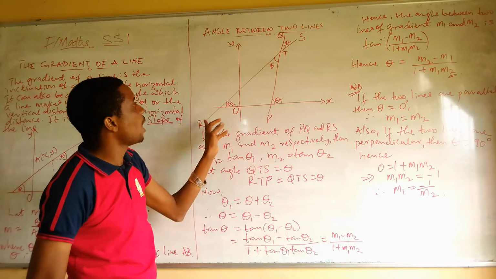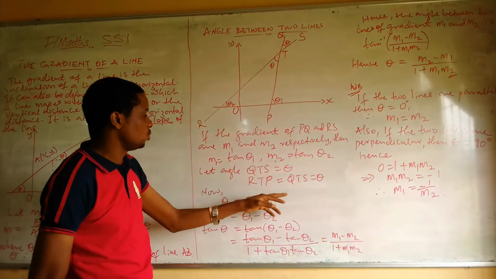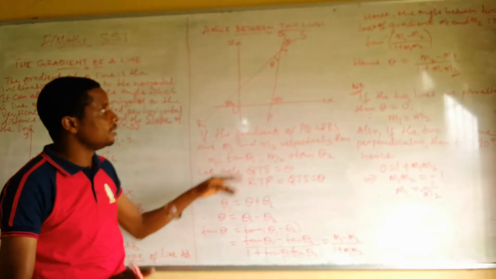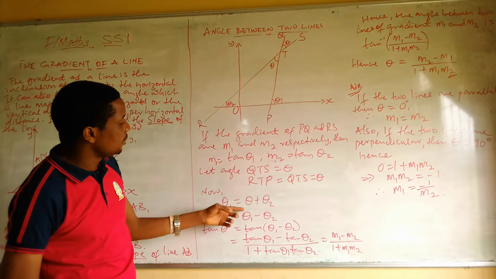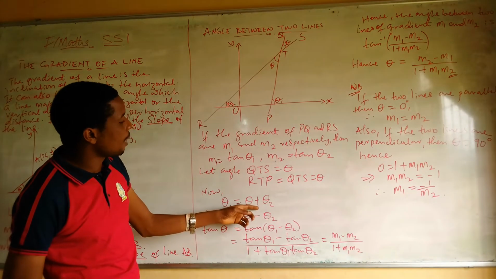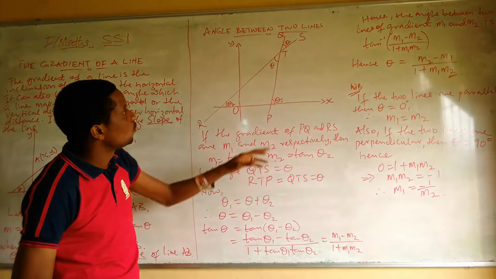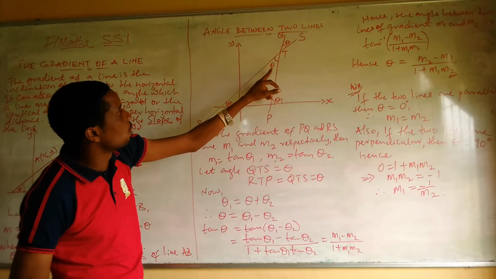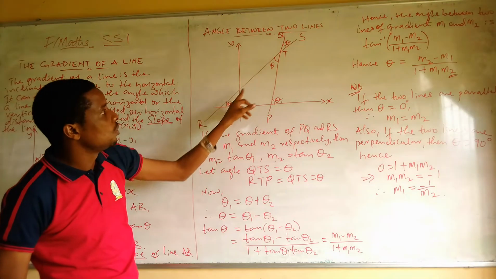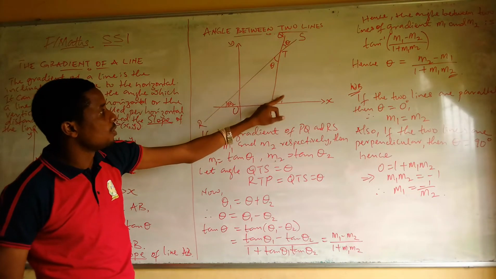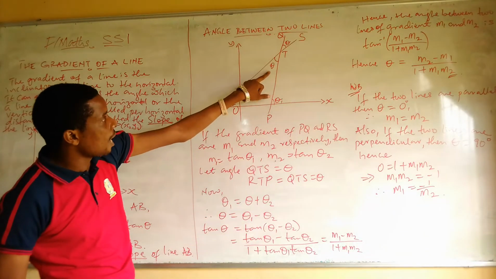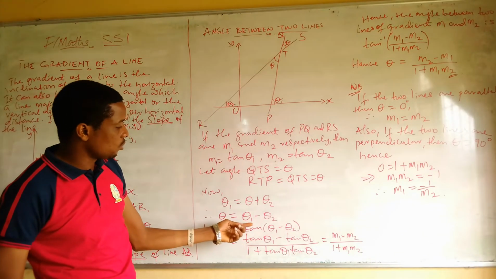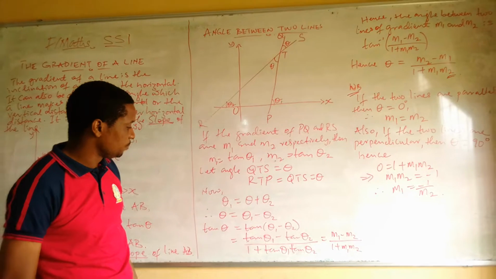That means angle RTP will also be equal to theta. The reason is vertically opposite angle. Now, theta 1 is equal to theta plus theta 2. We want to get this theta, it is equal to this angle plus this angle. Two interior opposite angles are equal to one exterior angle. So we can now get our theta to be equal to theta 1 minus theta 2.